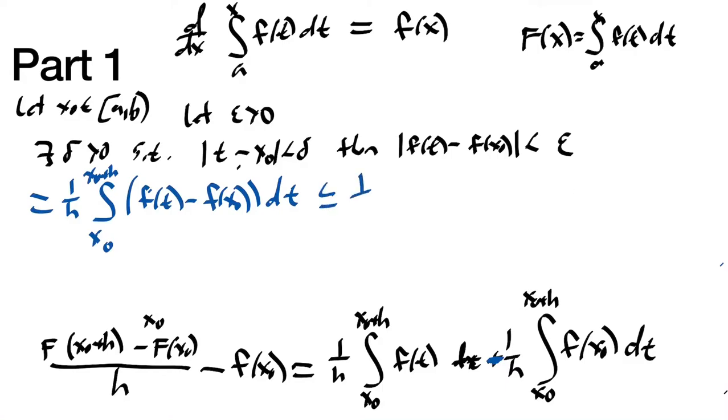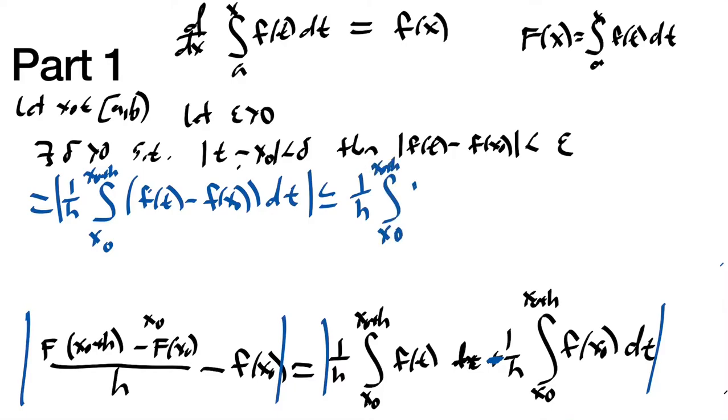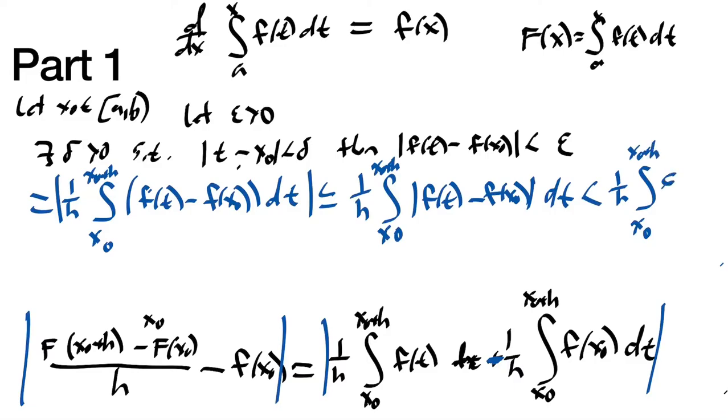Well, okay, why was that really useful? Well, that was really useful because this is now less than or equal to 1 over h times, let's slap some absolute values on here. So if I were to slap absolute values on here, then that's less than 1 over h times the integral from x naught to x naught plus h of the absolute value of f of t minus f of x naught dt, which is less than, well, that came from our continuity.